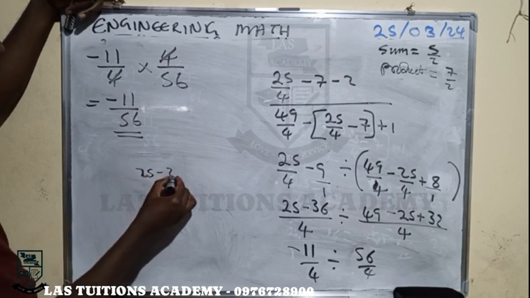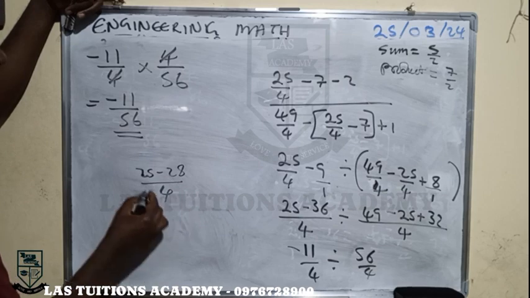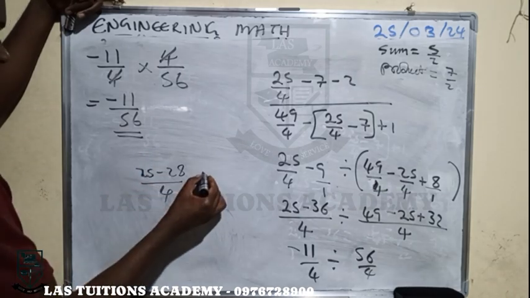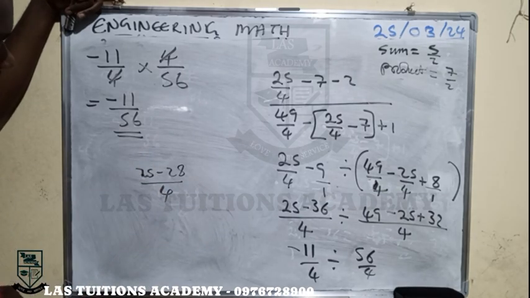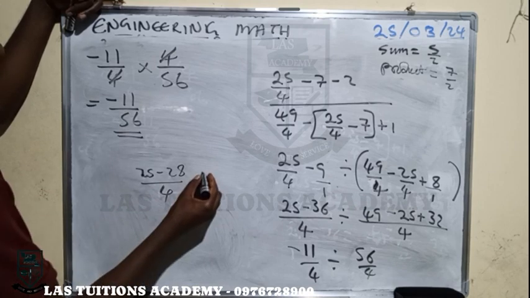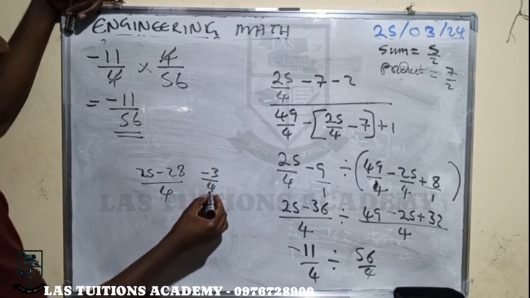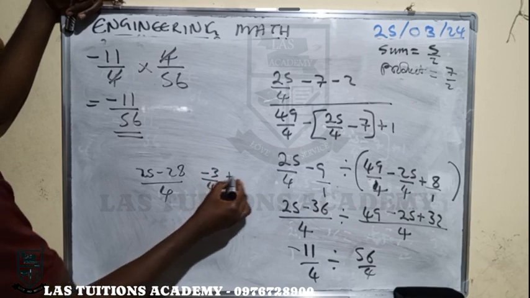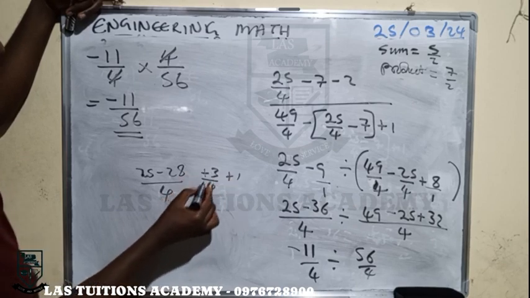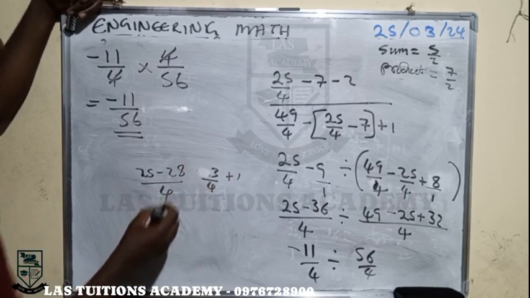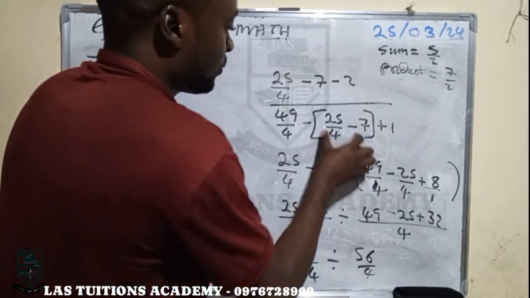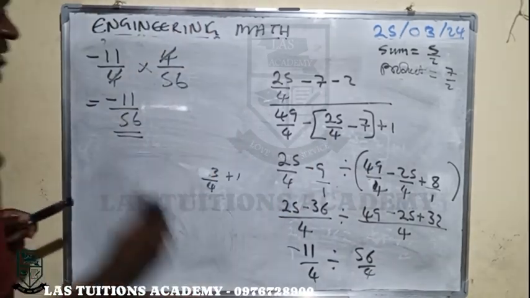Yeah, so 25 minus 28 over 4. 25 minus 28, that is minus 3 over 4 plus 1, and this becomes plus 3 over 4. Okay, I want to see whether if we are to work out what is inside, we can get something different.